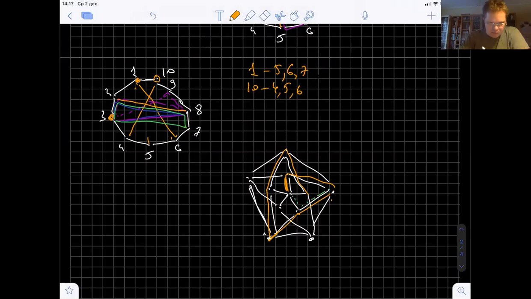Okay, so maybe I will try to start from the center. So maybe I will just go another way. I try to go into the graph and it will not have enough, but maybe I will try.